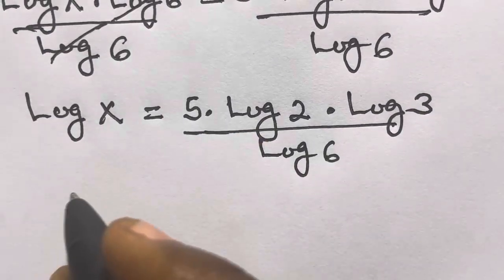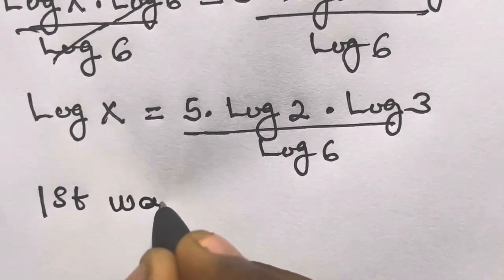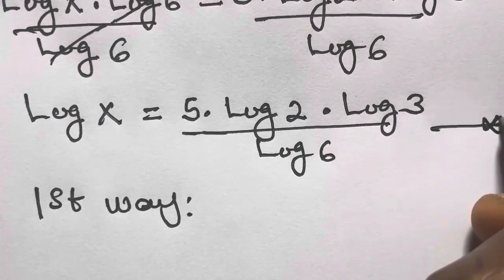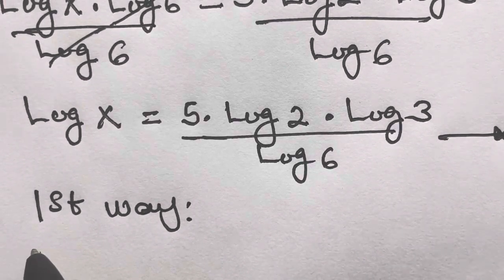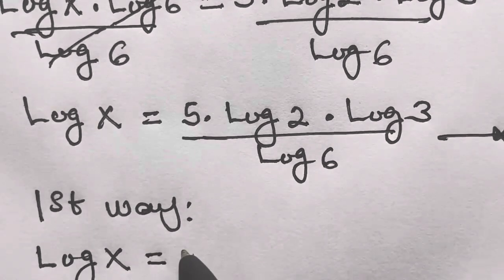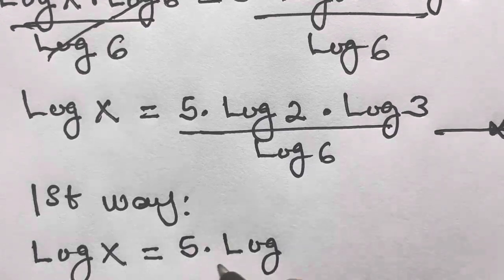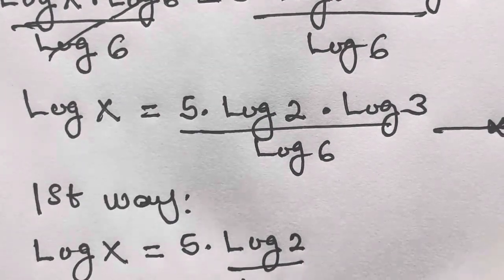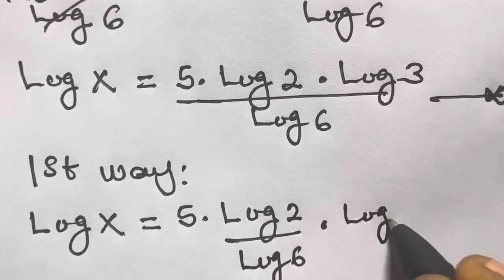Let's take note of this. The first way: we have log x equals 5 multiplied by log 2, then you put this 6 under here, we have log 6, then multiplied by log 3.